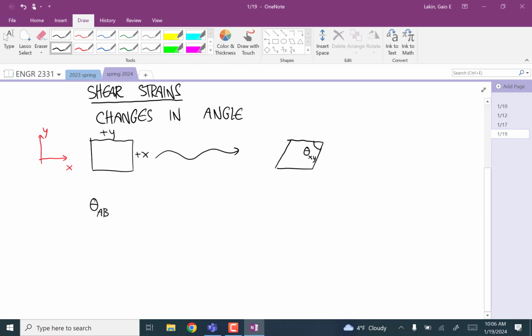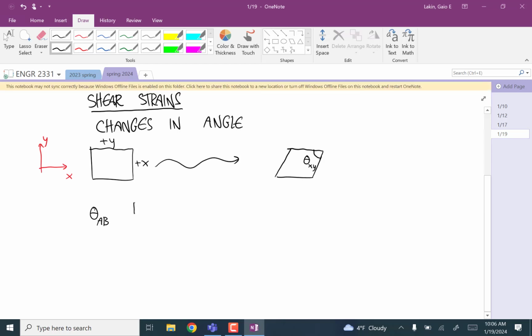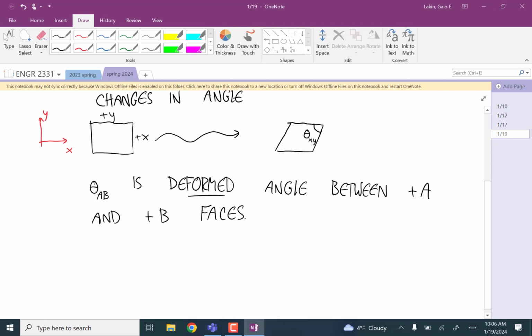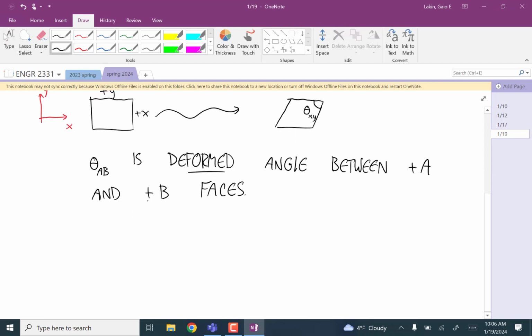So if we have this thing we're calling theta AB, that's the deformed angle between the positive A and the positive B faces. These angles have to be in radians.